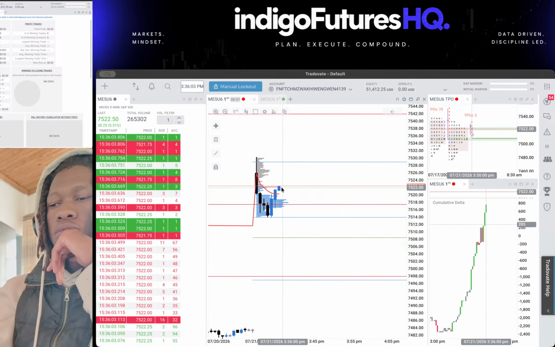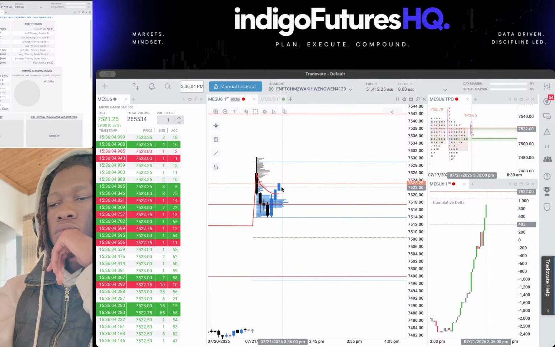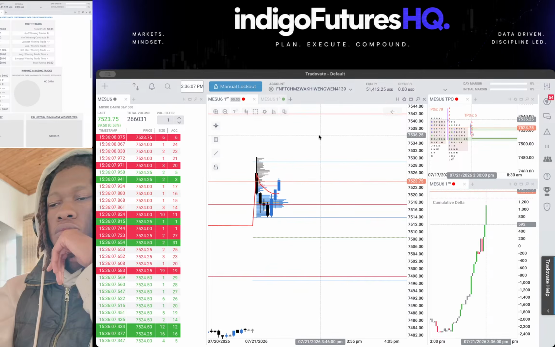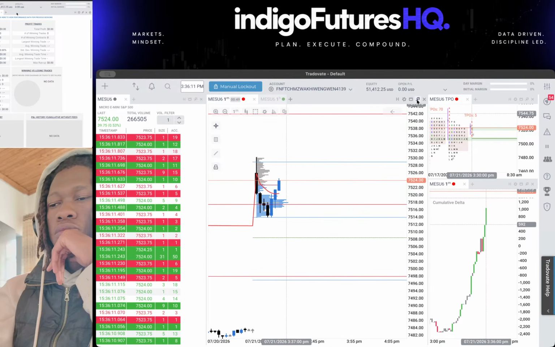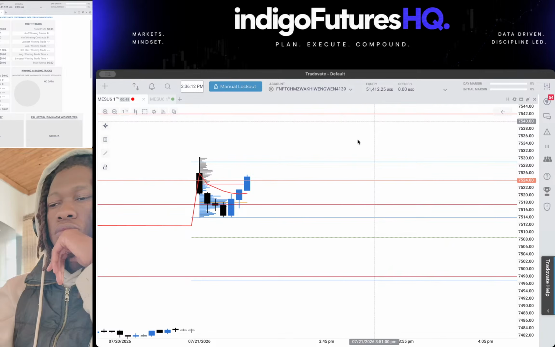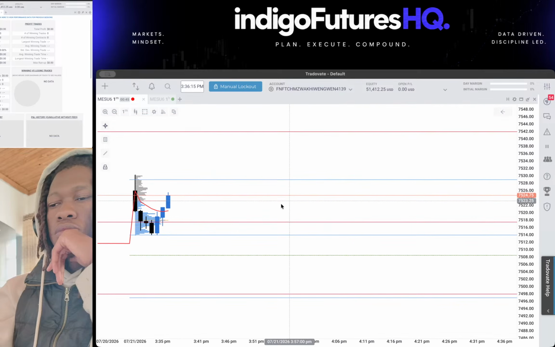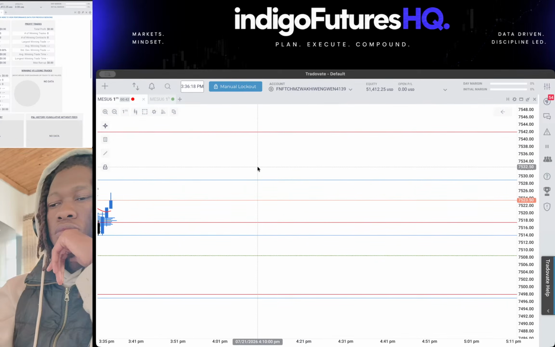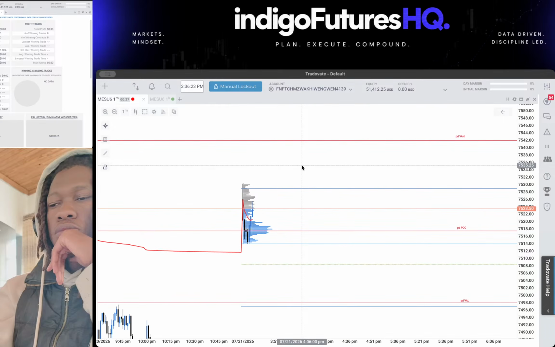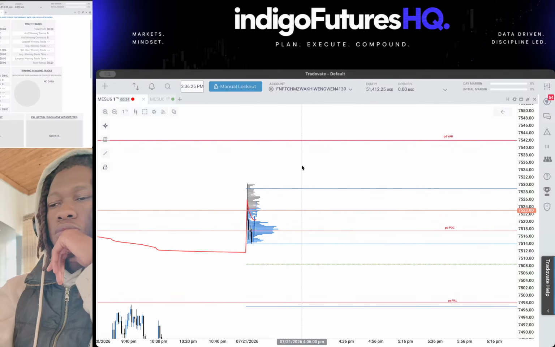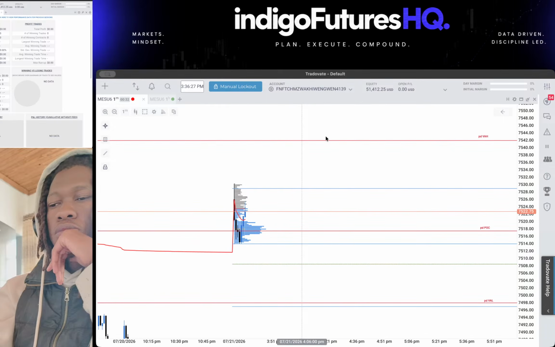Okay, so we're above value area high. Let's make sure I have the right context of what is what. So previous day value area high. Right.